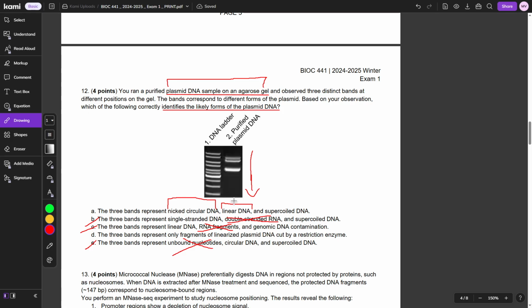Even though it's circular, the nicked DNA actually takes up a lot more volume and space, which is interesting to think about. But funny enough, in this case, I'd say A is the better answer than D, because it doesn't say anything about you running restriction enzymes on this. Usually they specify that. So I don't expect fragments of linearized plasmid cut by a restriction enzyme. I feel like they would have had to say in the problem that you ran a restriction digest on it. Because there's no restriction enzymes here, I don't think D is the best answer. So I'm going to go with A instead.